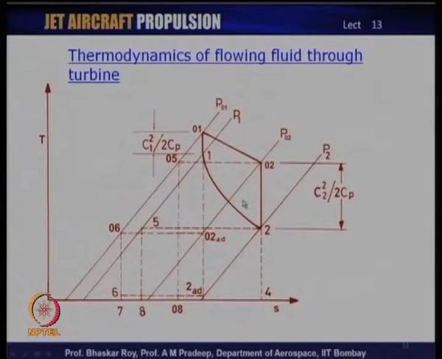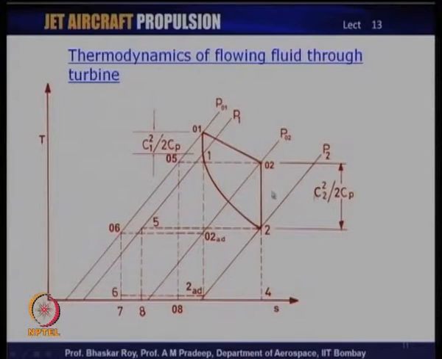Now, between station 1 and 2, as you have done in your cycle analysis, it flows from point 1 to point 2, and at point 2 it has a higher kinetic energy, given by, let us say, C2 square by twice Cp, a much larger kinetic energy head actually.